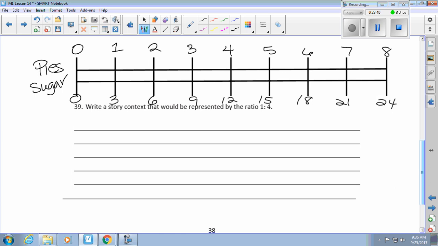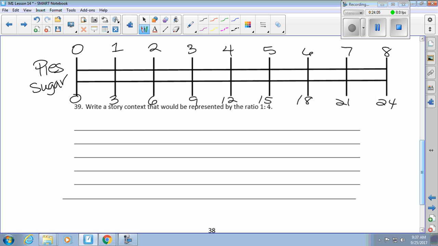For every 1 ice cream sundae, there's 4 ice cream sandwiches. Lots of ice cream? For every 1 donut, there are 4 sprinkles. Lame. I feel robbed. There's only 4 sprinkles. For every 1 phone call, you get 4 text messages. Ooh. Which one do we want to use? Who wants Ethan's? McDonald's. Alright, sorry Ethan.